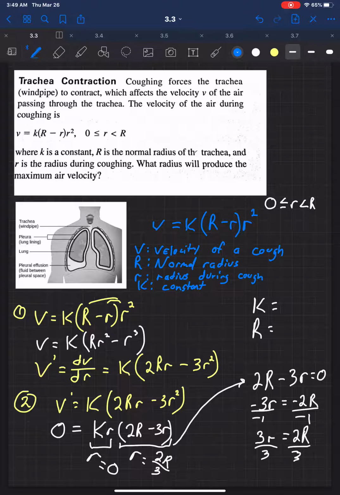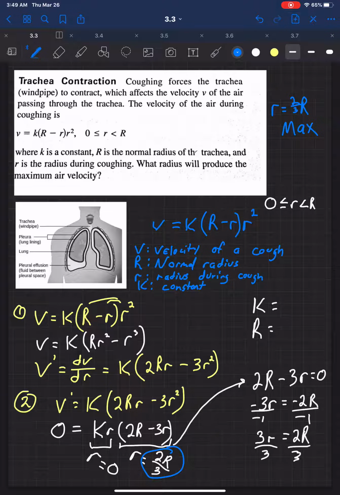Okay, now what is this actually telling us? Maybe you're thinking, Professor, you didn't even give me any numbers to plug in. No, I did not. But all I'm going to do right now is try to explain what the math has told us. What the math is telling us is that when the radius of your trachea is 2/3 the normal radius, you will have reached the maximum velocity of a cough.